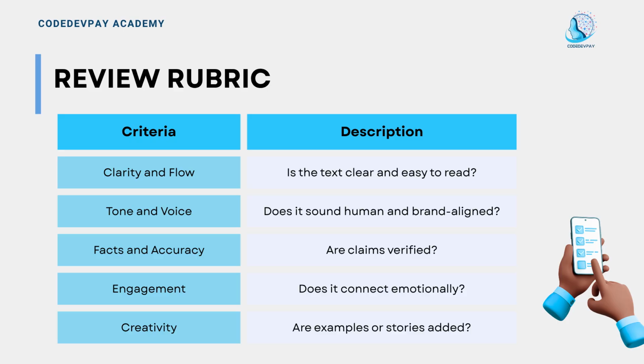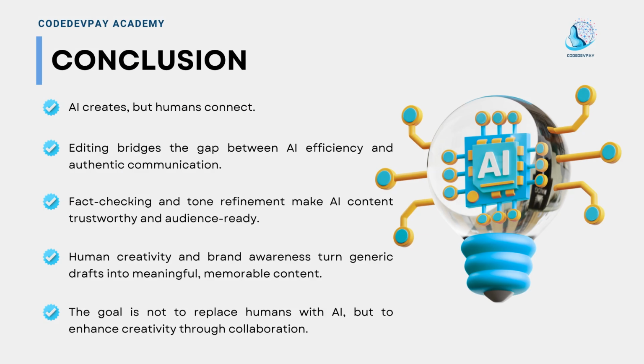So to conclude, you know that AI creates, but humans connect the dots. And editing bridges the gap between AI efficiency and authentic communication. Fact checking and tone refinements make AI content trustworthy and audience ready.